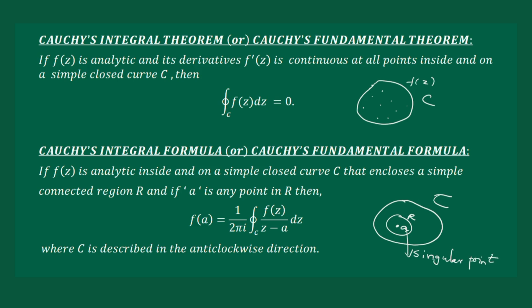It is called a singular point because at this particular point the function won't be analytic. So whenever there is a point where the function is not analytic and that point is inside the closed curve C, we have to apply this theorem, the Cauchy integral formula, or Cauchy's fundamental formula, where C is described in the anticlockwise direction.